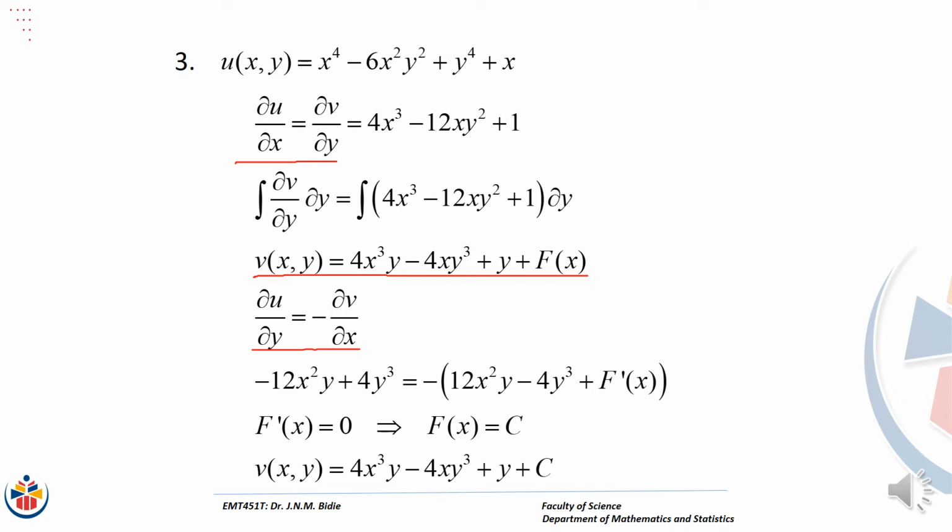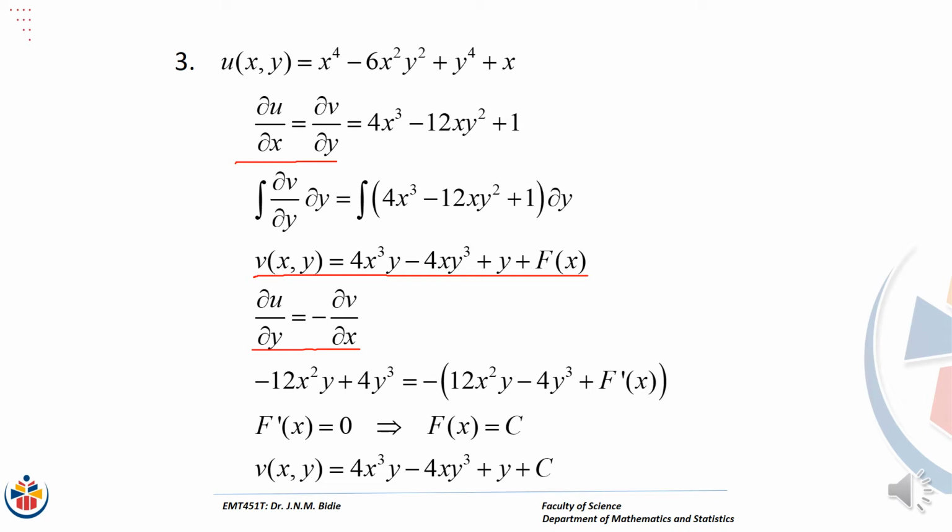And then equal to the negative of the derivative of v with respect to x. That gives us 12x squared y minus 4y cubed plus f prime of x. And then we solve for f prime of x, and in this case we got a 0.